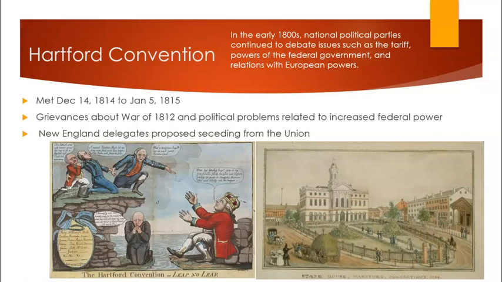Now, some of their proposals would have been to end the 3/5 compromise, to limit the president to just 1 term, and to require a 2/3 majority vote for any declaration of war. But some of the more radical attendees even suggested secession from the rest of the Union to form their own country. By the time the delegates arrived in Washington, D.C. with their proposed amendments and suggestions, the whole point of their meeting was moot, because the war was over.